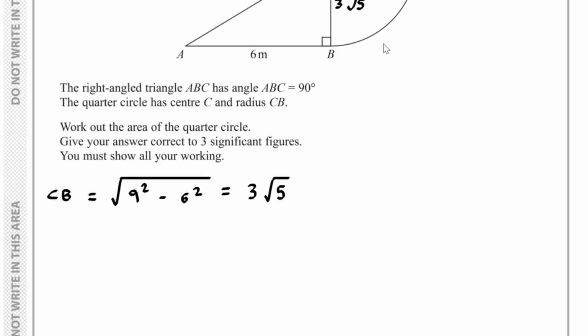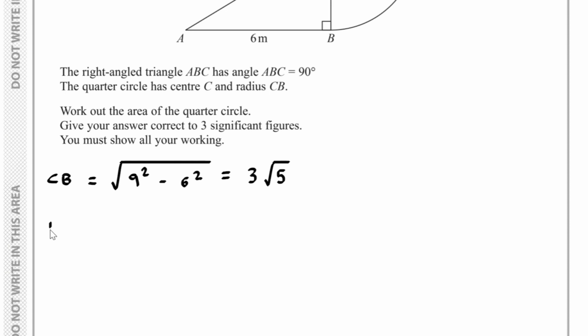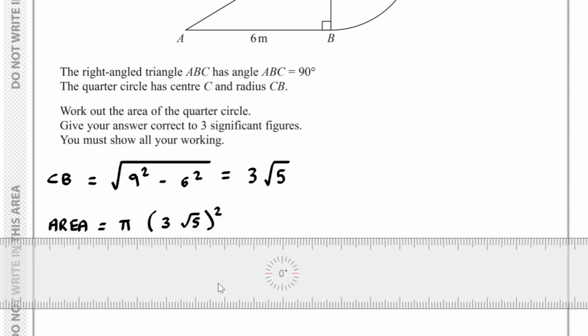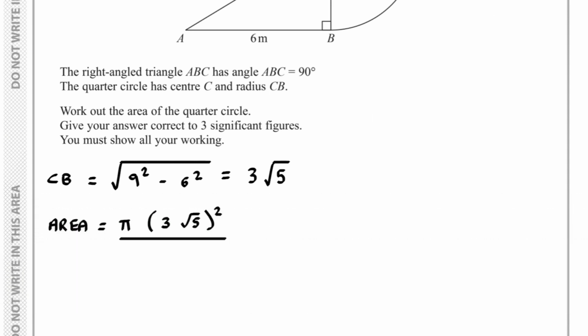So for me to work out the area, I've got a quarter circle. So the area is equal to pi multiplied by my radius squared. So I've got 3 root 5 squared divided by 4 because I've got a quarter circle.